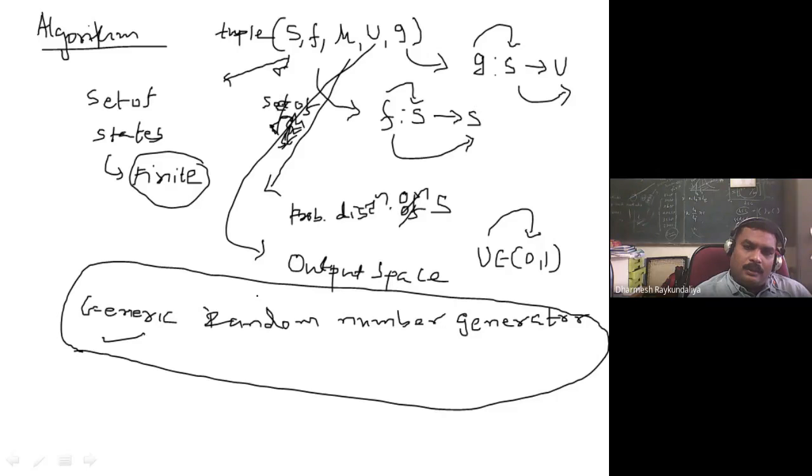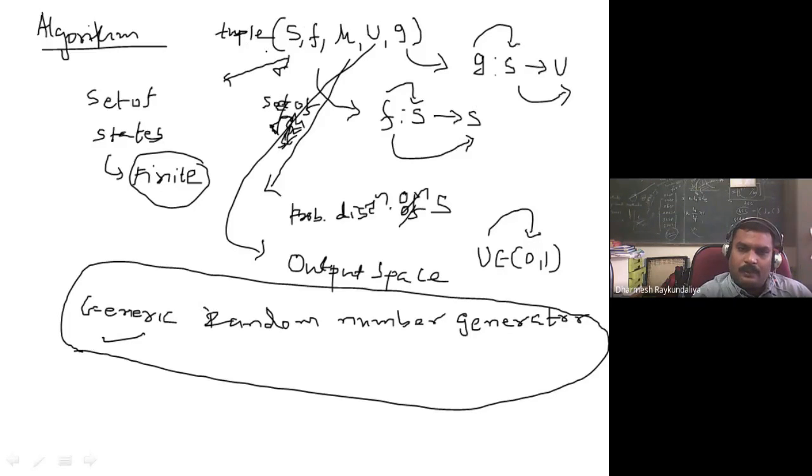He has given the algorithm. If you use this algorithm, it will generate a series of random numbers, and such a random number generator is said to be a generic random number generator, which requires 5 different notations that you have to supply.